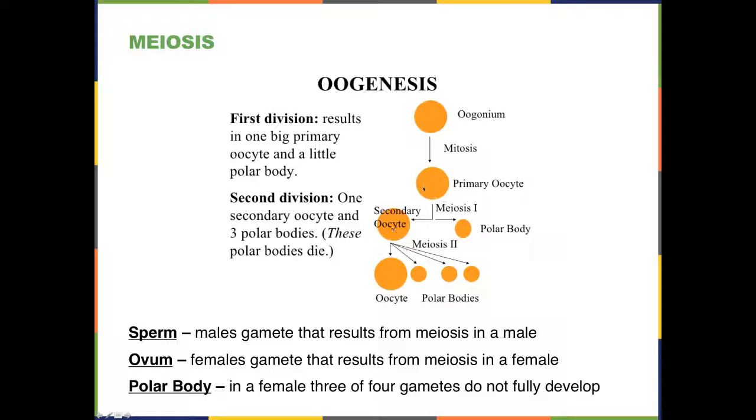So for each meiotic process in a female, you start out with 1 diploid oocyte, and you end up with 1 haploid ovum that results in a baby if fertilized. Whereas in a male, you start out with a diploid cell, and you end up with 4 haploid sperm cells, all of which function properly.